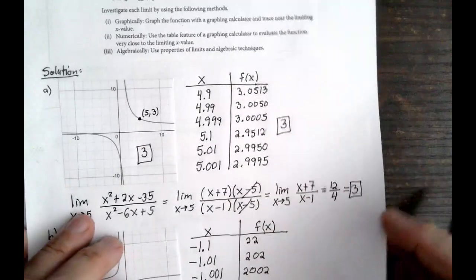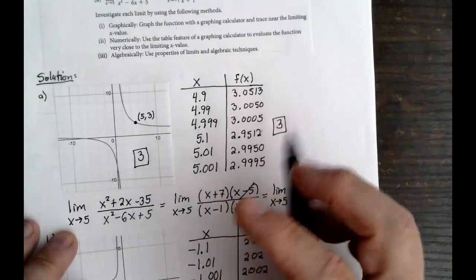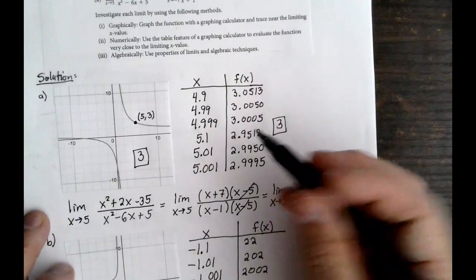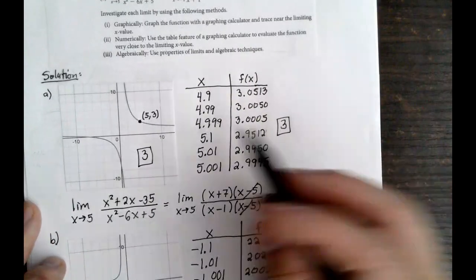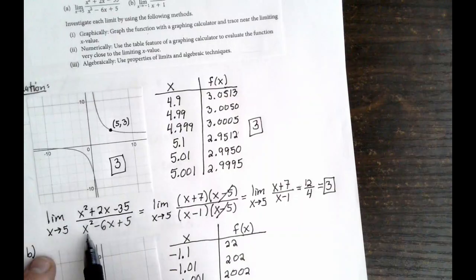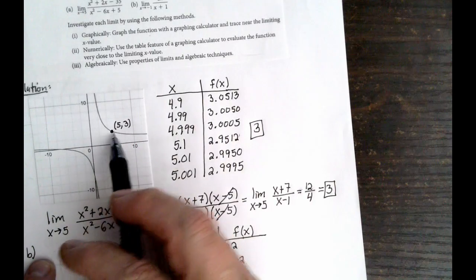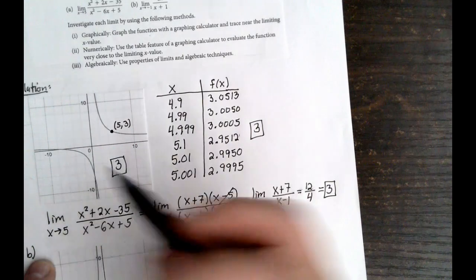Example 8, they ask us to look at two different limits, and they want us to do it graphically, numerically, and algebraically. So the first one is this guy right here. The limit as x approaches 5 of this polynomial fraction. So if you graph this, you can see from the left and the right you're going to be approaching 3, y value of 3.